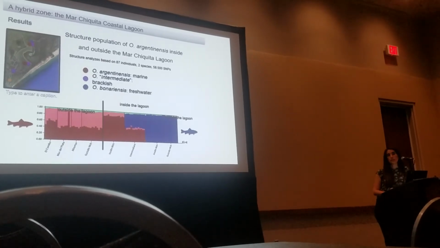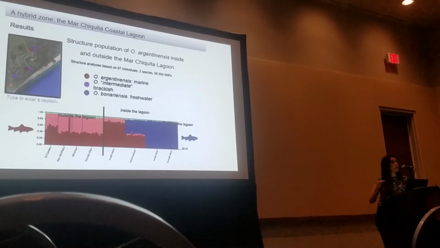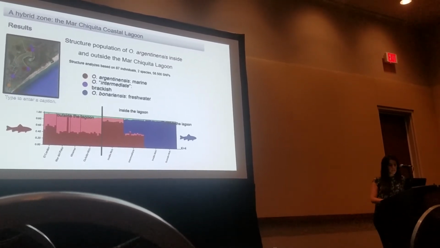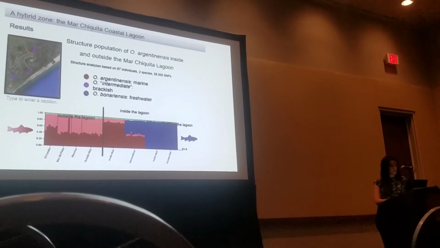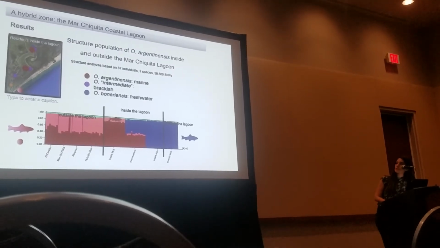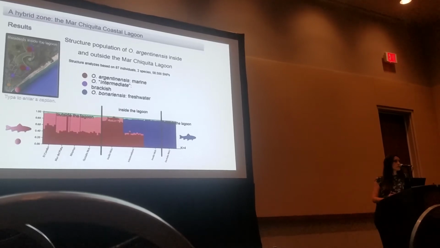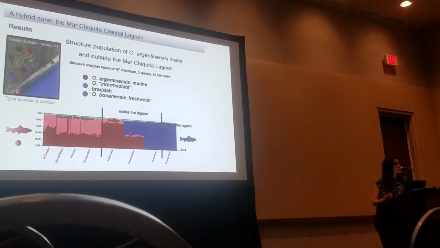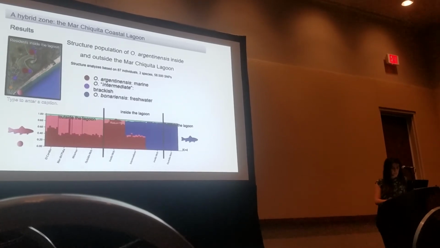Actually, this population was recorded as a resident of the lagoon. They cannot go out of the lagoon. On the other side, we can see the blue species, the freshwater species, that is a single population. There is no genetic difference between the populations inside or outside the lagoon.